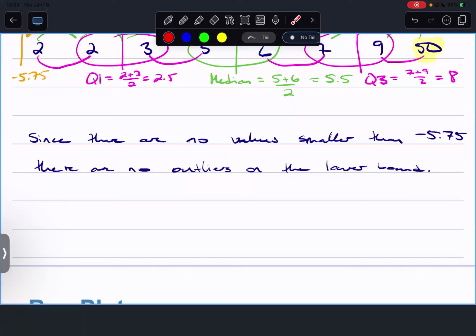You have to show me that you know why there are no outliers. So you don't want to get sloppy and find shortcuts. But as long as you mention what the bound is, and why there are no outliers, well, there's no outliers because there are no values smaller than this. This is the shortest way that you could write that, I think.